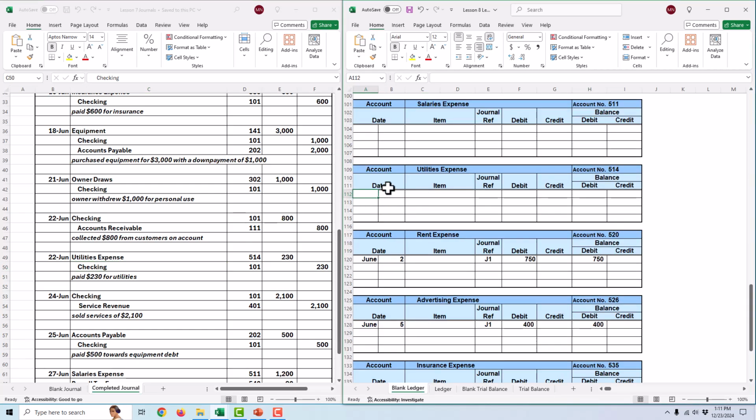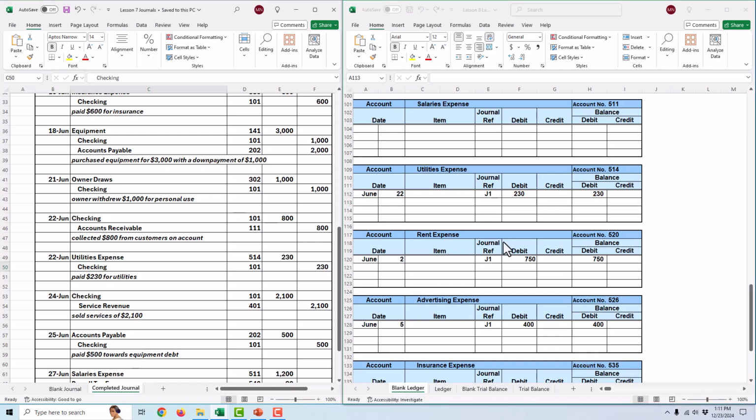Here's utilities expense. And the transaction itself was a $230 debit. Since there are no other transactions here, no prior balances, I would also carry that $230 over to the debit balance column.